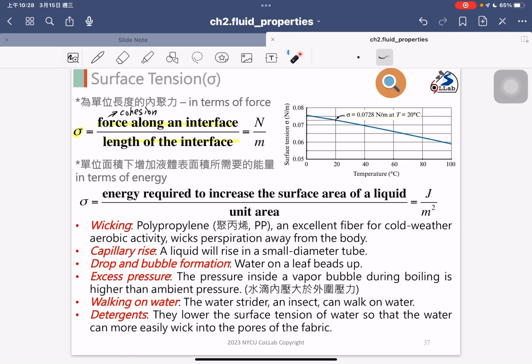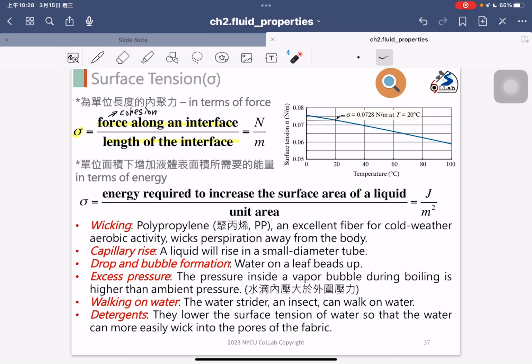Okay, but once you balance the units, they are the same dimensions. Okay, so if you look at the phenomena on the right figure here, you can see the surface tension sigma decreases as the temperature increases.